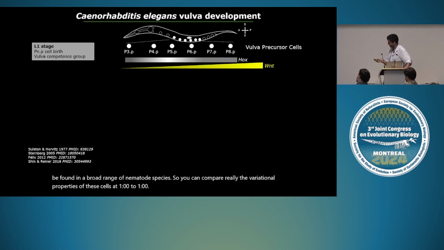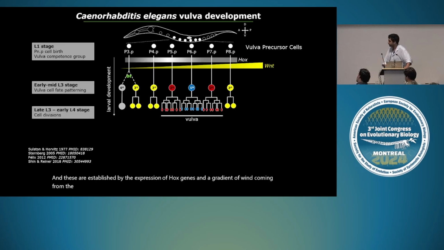And these are established by the expression of Hox genes and a gradient of Wnt coming from the tail. Throughout development, and I'm not going through all the details, there are different division patterns and signaling molecules that will establish that the central cells, P5 to P7, will form the vulva. And these other cells have the competence to take over these developmental fates, okay?